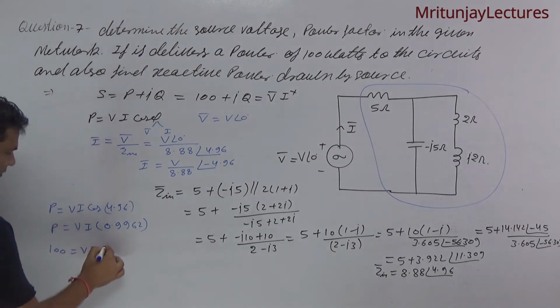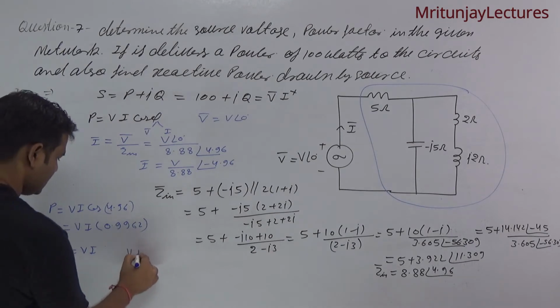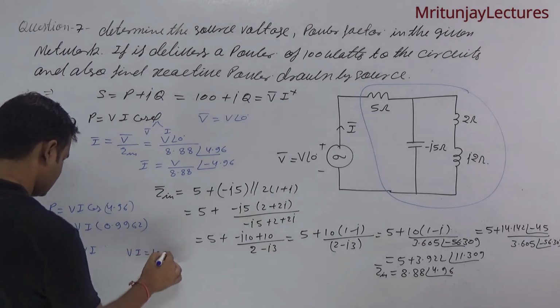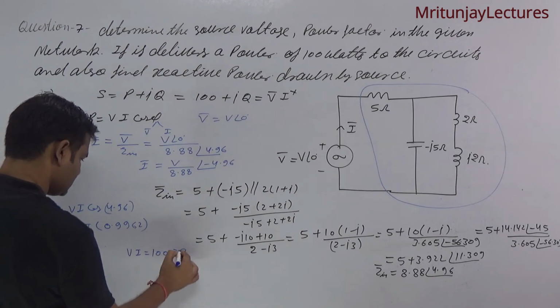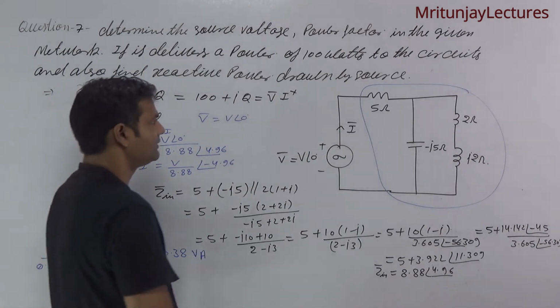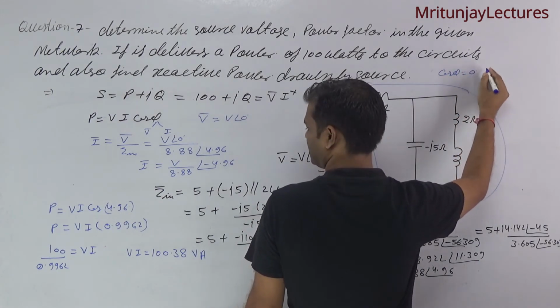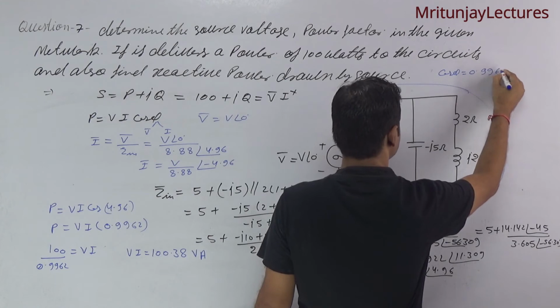So VI is 100 divided by 0.9962, that is 100.38 VA. Clear or not? So what about power factor? Cos phi is 0.9962.